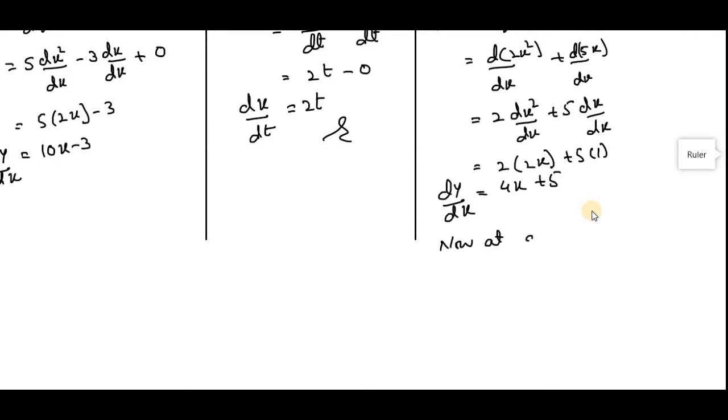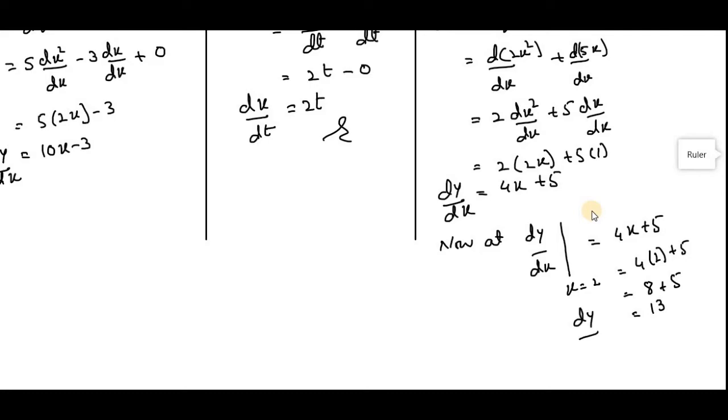Now at dy by dx, this means x is equal to 2, we are going to put it in 4x plus 5: 4 times 2 plus 5, 8 plus 5, that is 13.